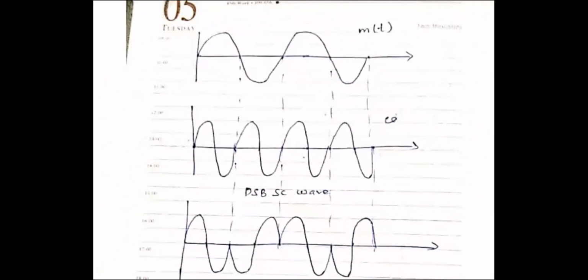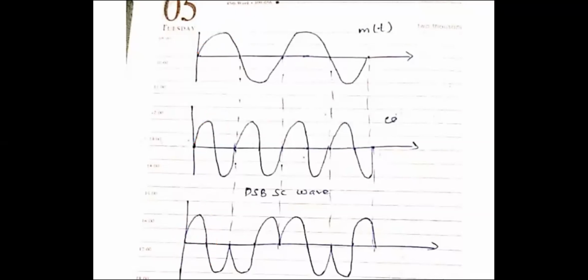In the first portion, up to this point, the waveform is increasing. After this, one function is still increasing, but the other starts decreasing. You have to observe in each and every interval whether both functions are increasing or decreasing.